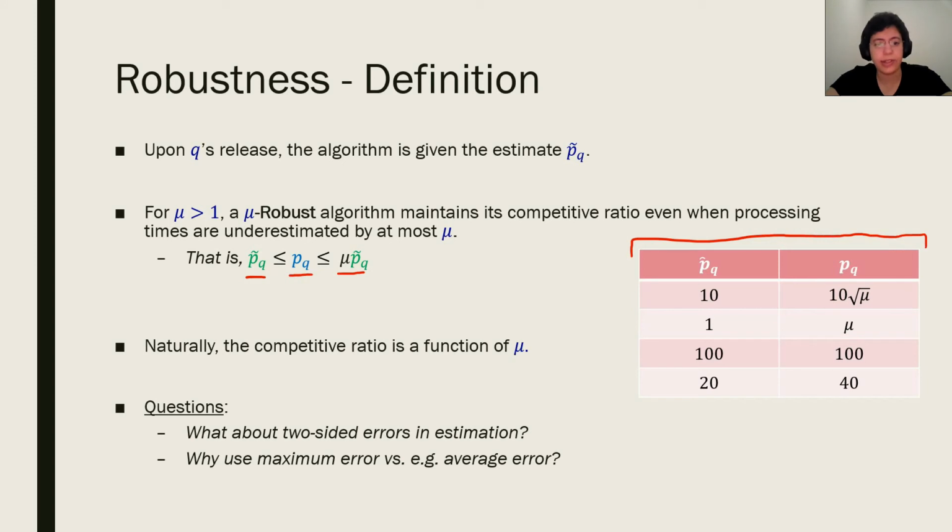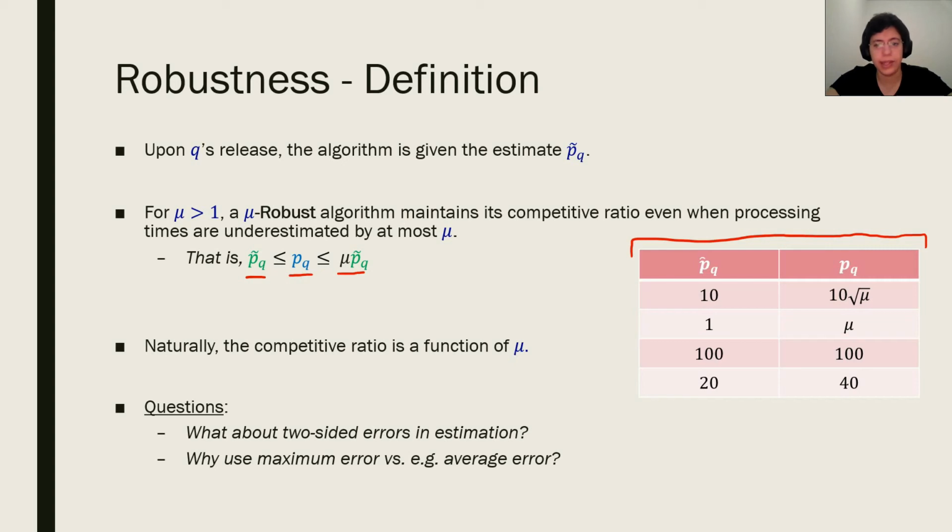Now some questions that you might have about this model are, what about two-sided errors in estimation? What I just described is one-sided error, where the processing time of a job is always underestimated but never overestimated. So what about two-sided errors where underestimation and overestimation are both possible?